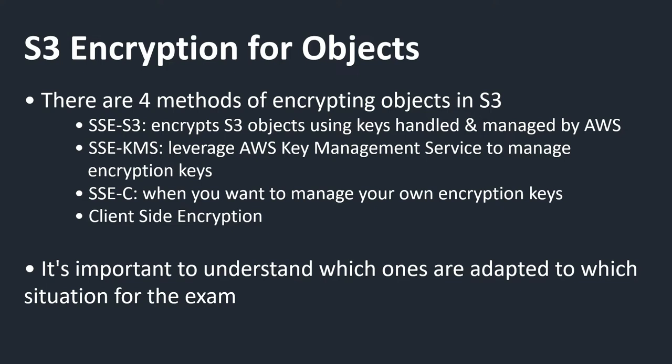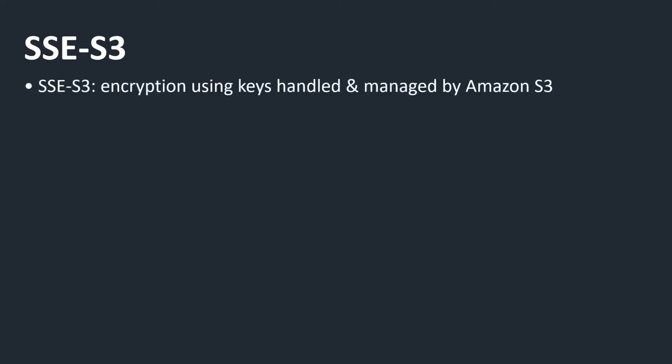So let's do a deep dive first on SSE-S3. This is an encryption where the keys used to encrypt the data are handled and managed by Amazon S3. The object is going to be encrypted server side.